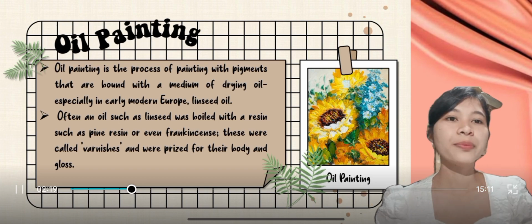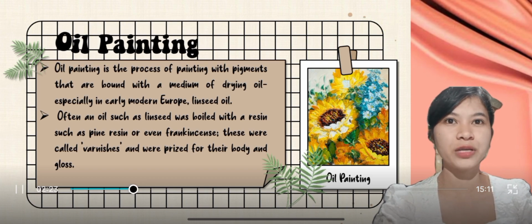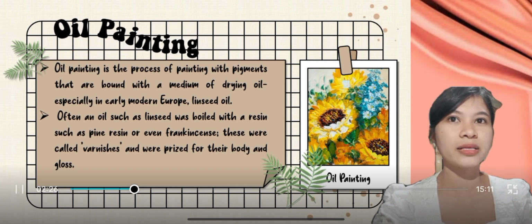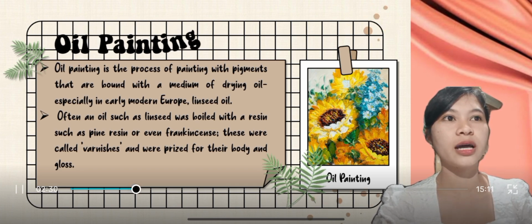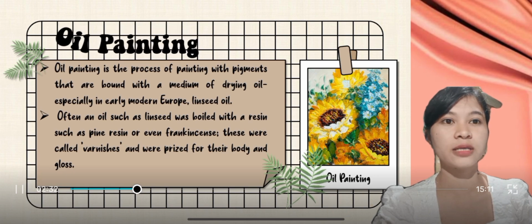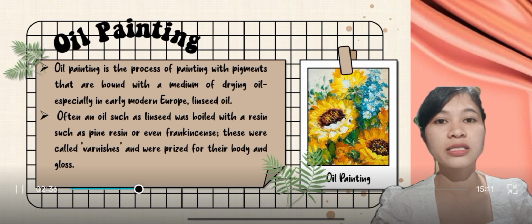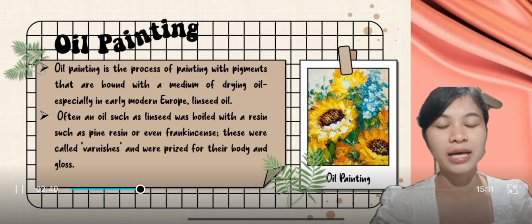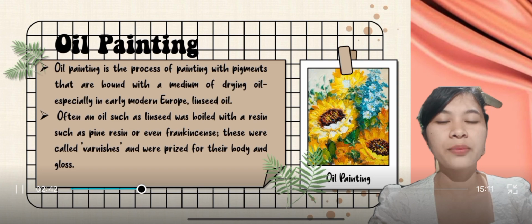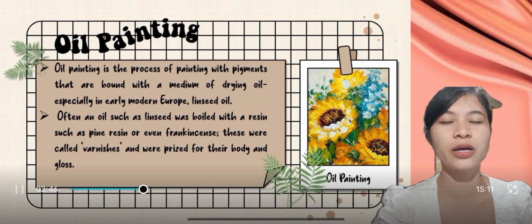It is a traditional technique in which the pigments are mixed with a drying oil. These are different kinds of oil, such as linseed oil, poppy oil, safflower oil, and walnut oil. So we have different kinds of oil that are used in oil painting.